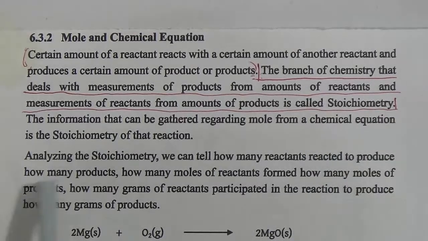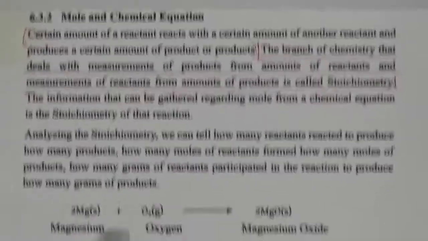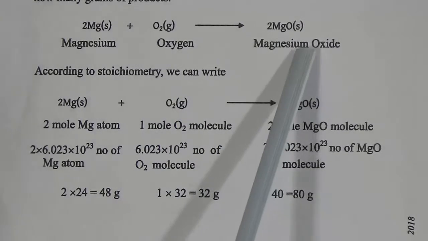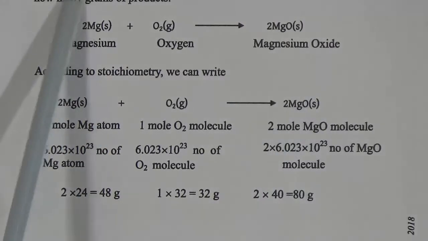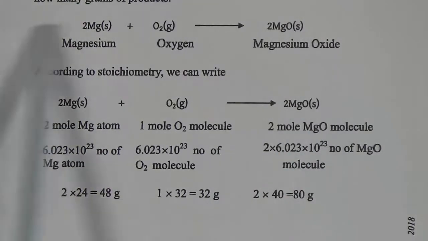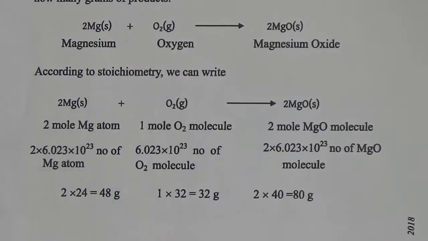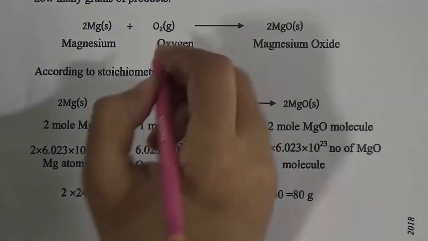stoichiometry. And look, this is magnesium reacting with oxygen and producing magnesium oxide. After balancing, 2 magnesium oxide is made because there are 2 oxygen.